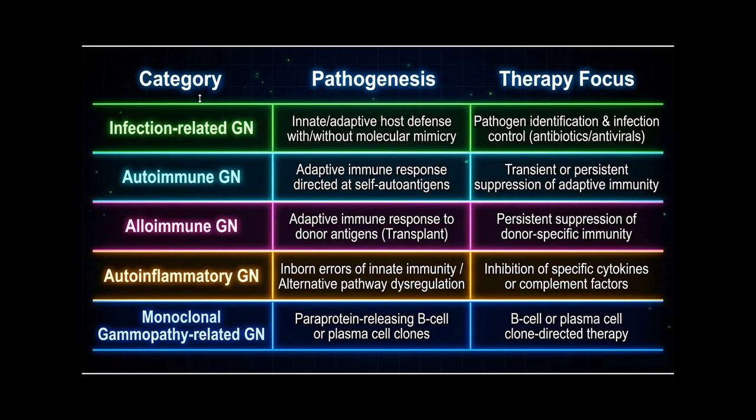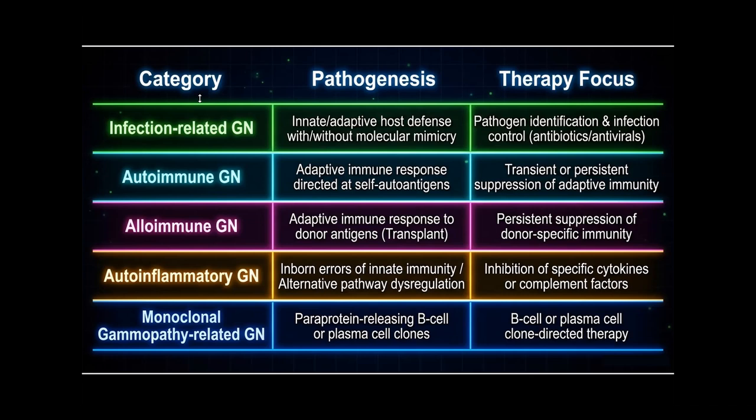And autoinflammatory glomerulonephritis: inborn errors of innate immunity, alternative pathway dysregulation, monoclonal gammopathy related things. Depending on the pathogenesis, there are the 5 types: infection-related, autoimmune, alloimmune, autoinflammatory, and monoclonal gammopathy.